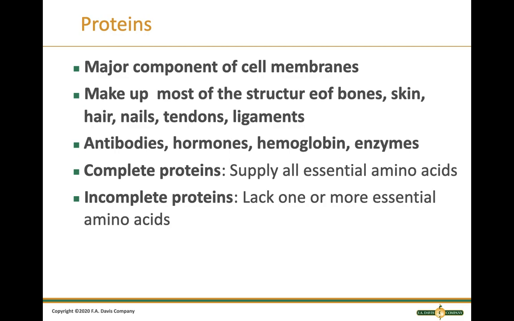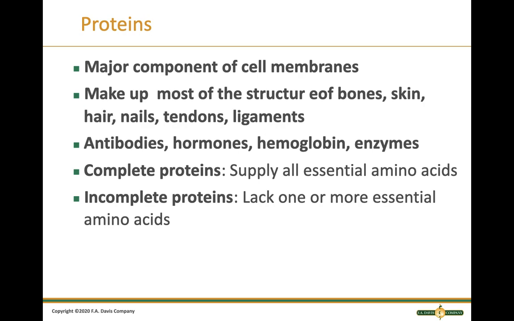Alright, proteins do a lot of work in the body. They are a major component of the cell membranes. They make up most of the structure of bones, skin, hair, nails, tendons, and ligaments. Antibodies, hormones, hemoglobin, and enzymes are all proteins.